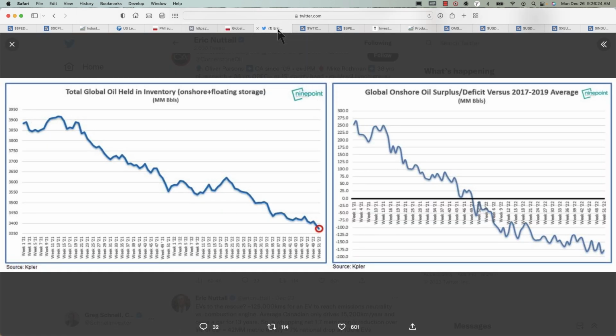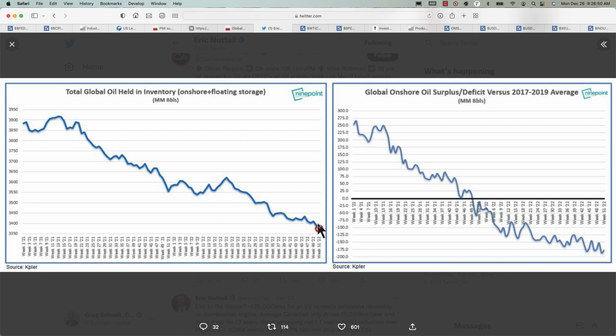So now I want to get into what I think is one of the more important areas of the market. This is oil. And we could debate what the trajectory is for oil. I think this is the inventory trajectory globally, and this is onshore and floating storage in millions of barrels. And what we see is that this continues to fall.